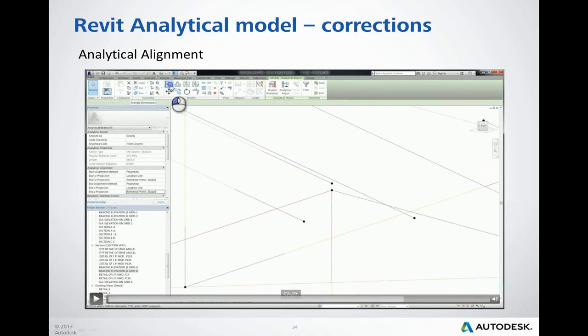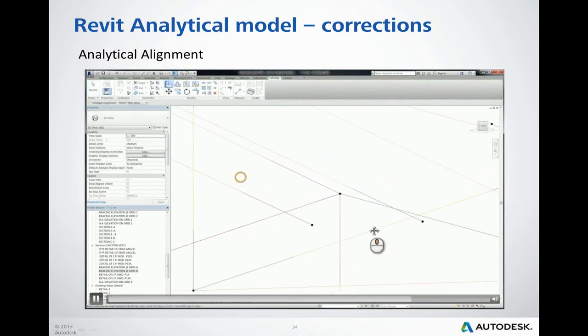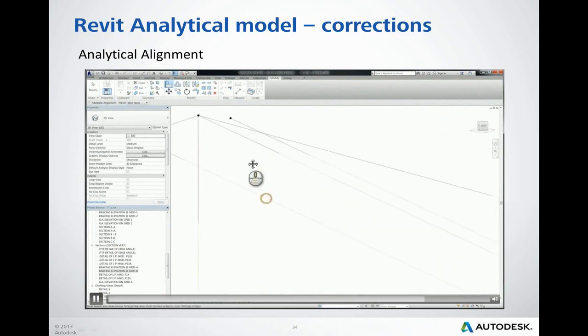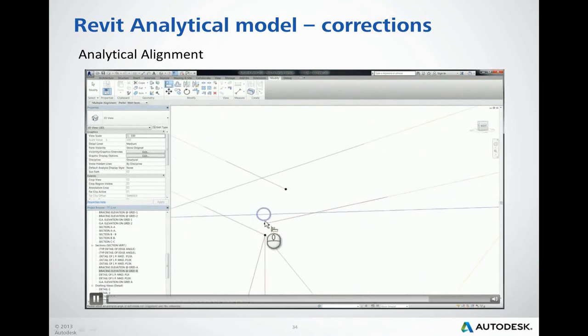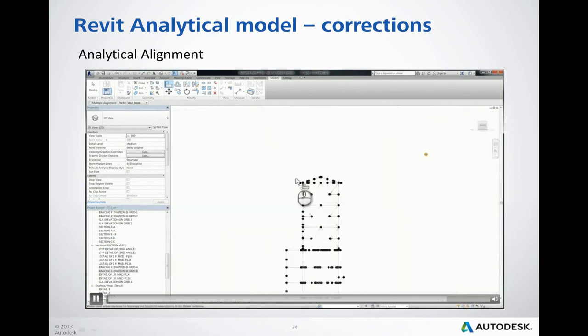Another typical way of correcting analytical beams is by aligning nodes. But of course, it's only possible to align nodes or anything in Revit one by one, so it's hard to make multiple corrections in one run.